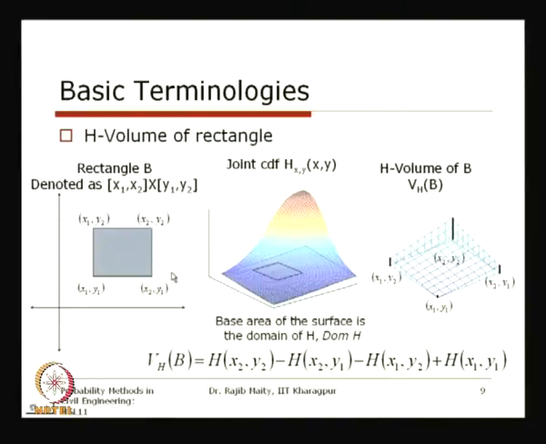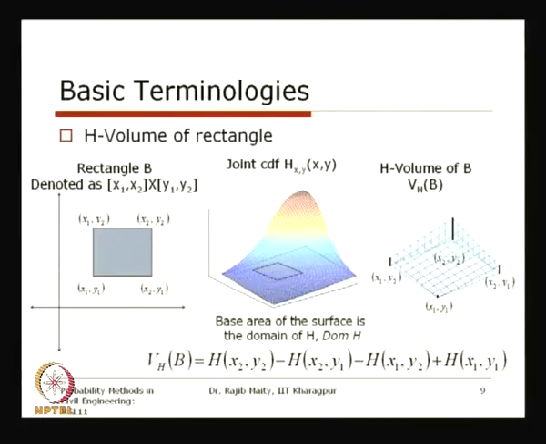Now it is not that difficult to even remember this: we first start from the extreme right top corner, minus the other two diagonals, plus this one. But if you ask why this is so, it can also be easily explained in terms of the CDF.